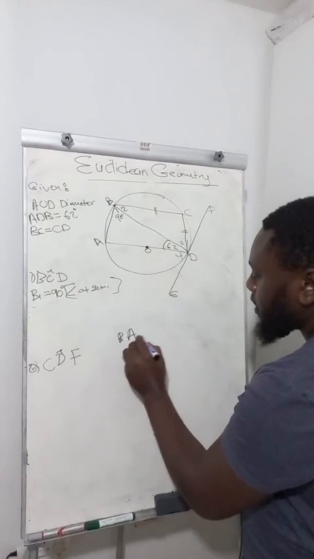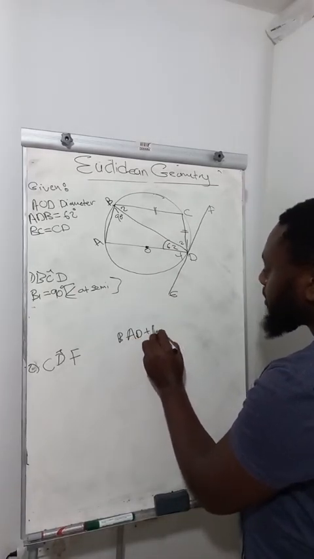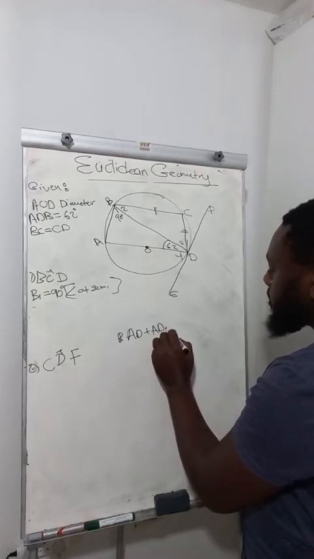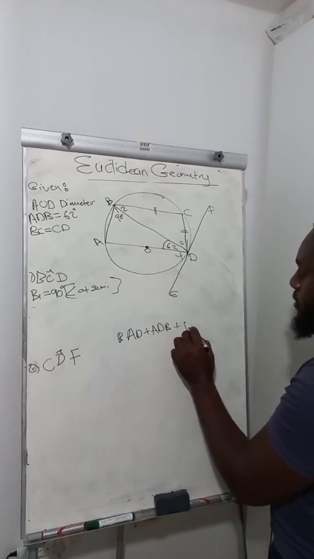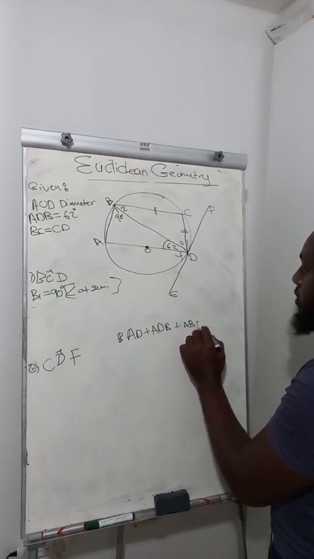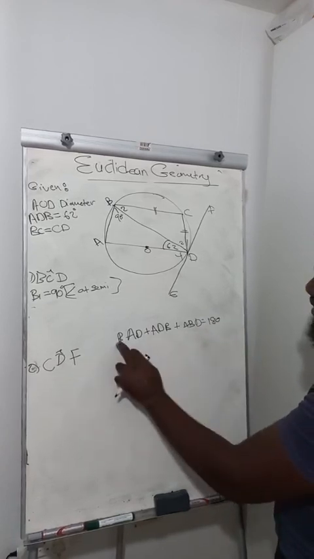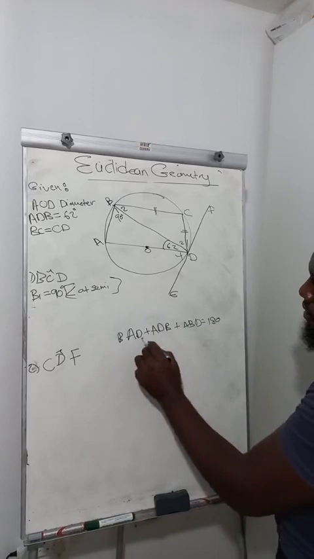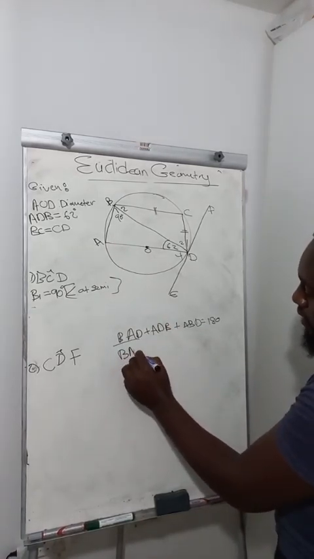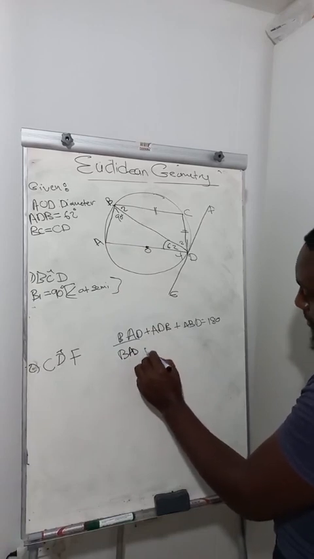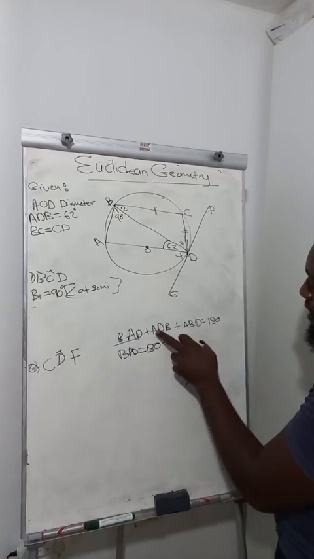Your BAD plus ADB plus ABD is equal to 180, the sum of angles of a triangle. BAD is what we are looking for. It means BAD will be equal to 180 minus ADB.